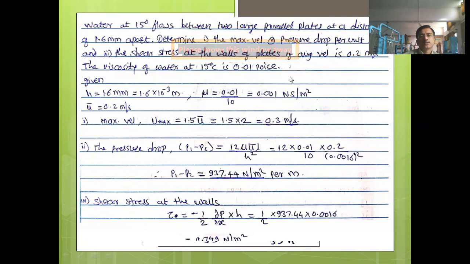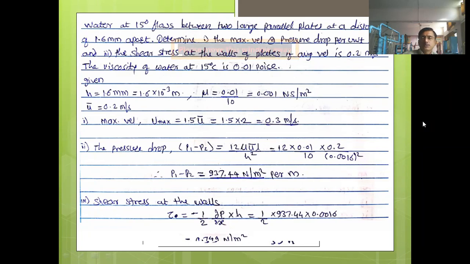Shear stress at the walls of the plates means tau max, or tau zero, we have to find. If the average velocity is 0.2 meter per second, average velocity means u bar, that is 0.2 meter per second. The viscosity of water at 15 degrees Celsius, now the mu value is given as 0.01 poise.